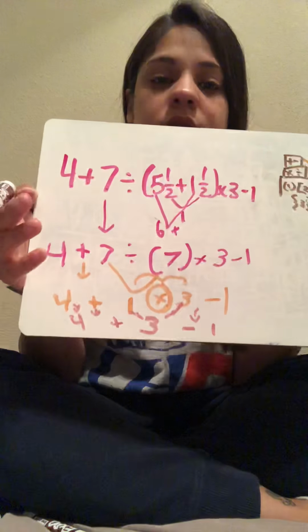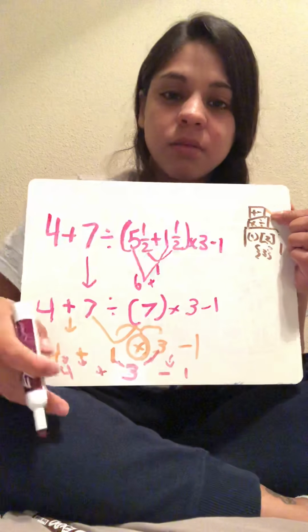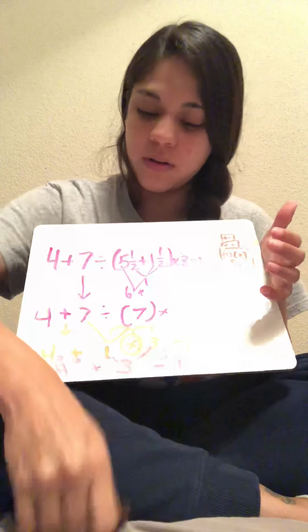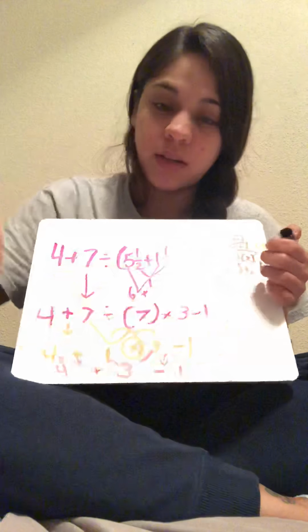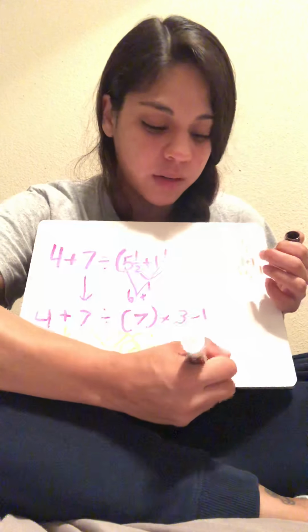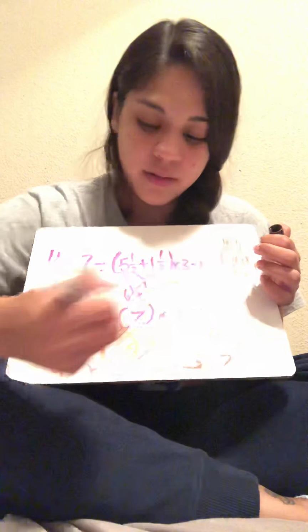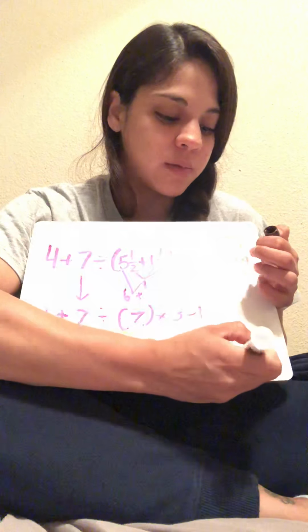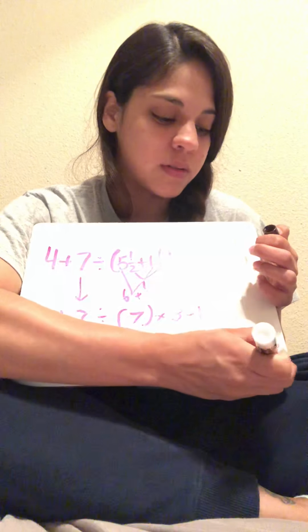Super Mario can go on to the next level, the addition and subtraction. Addition and subtraction. What do you see first? Well, I see the addition first, and then I subtract. So 4 plus 3 equals what? 7. Yes, it's going to be a little cramped, so I'm going to do it right here on the side. So it's 7, right? Because I did 4 plus 3. Then 7 minus 1, which will give you 6.